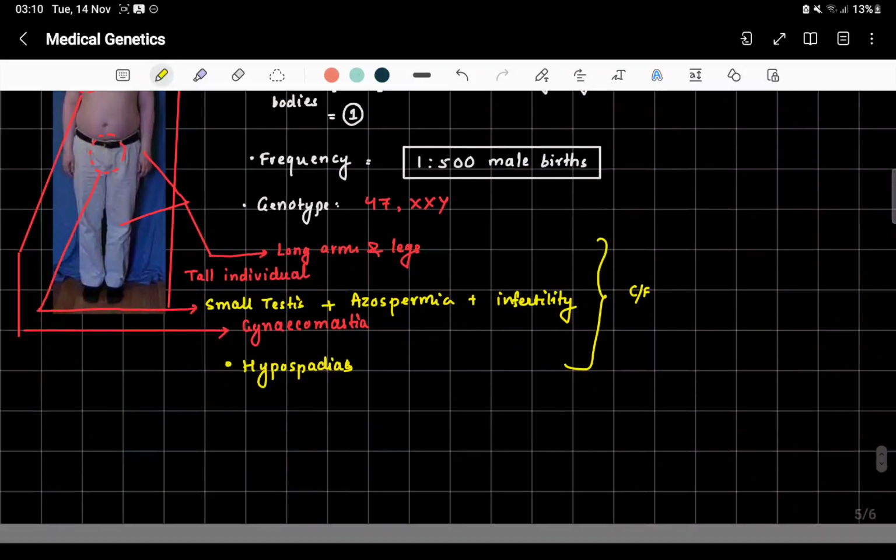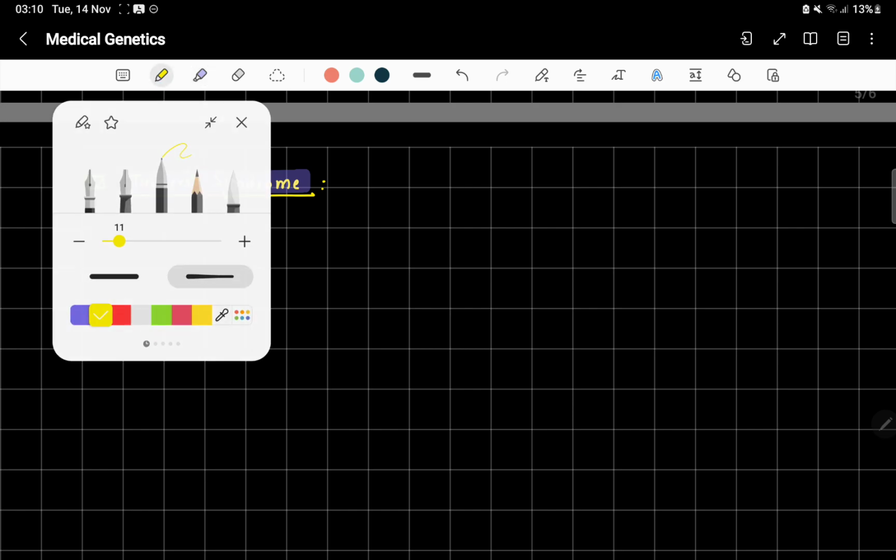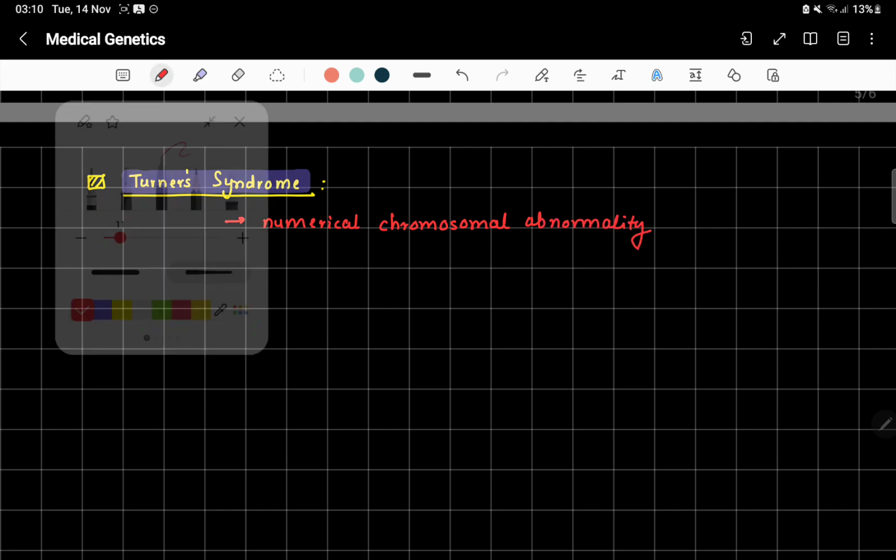Now let's discuss another syndrome, that is Turner's syndrome. Turner's syndrome is also a numerical chromosomal abnormality. The loss of X chromosome is there.